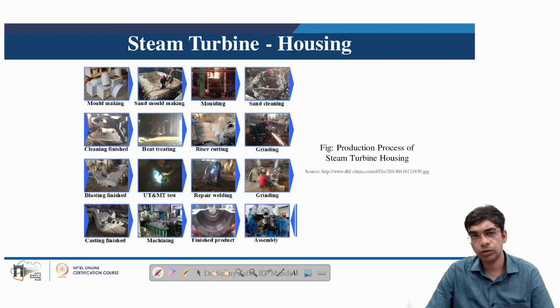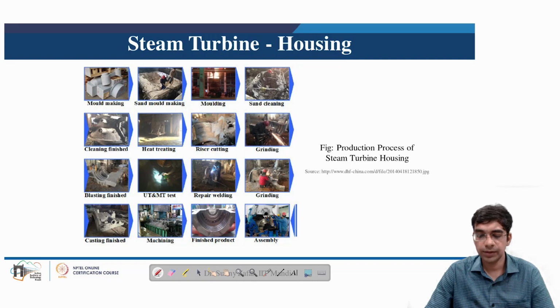Then some shot blasting can be done to remove any sand particles from the surface of the housing. Subsequently, some types of destructive or non-destructive testing can be done to estimate the quality assurance of the cast housing, and sometimes some grinding or repair welding may be needed.